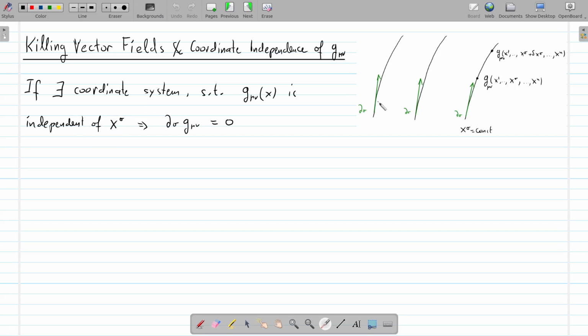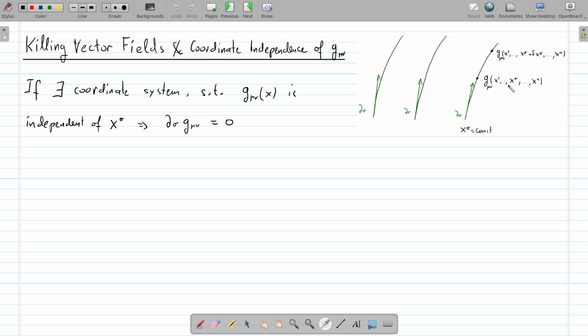So you see here in this figure that the lines are the coordinate lines for x sigma, and d sigma is the corresponding coordinate vector, and on the integral curves of that vector the metric is left invariant.